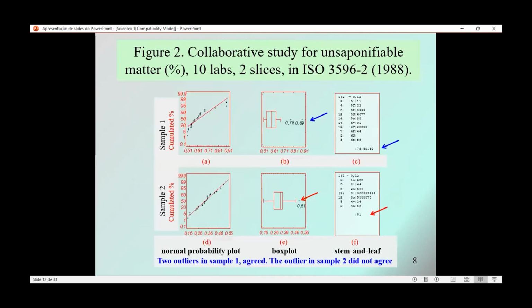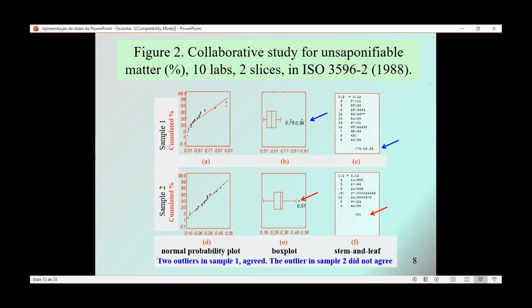In figure 2, we repeat the plots used before. We have the normal probability plot, box plot, and stem and leaf.